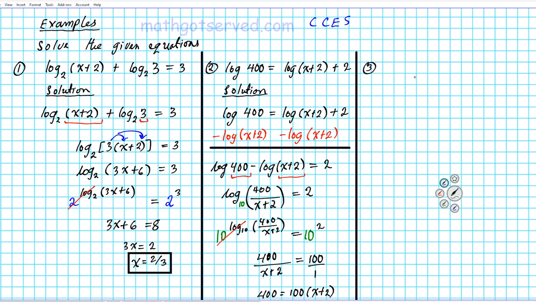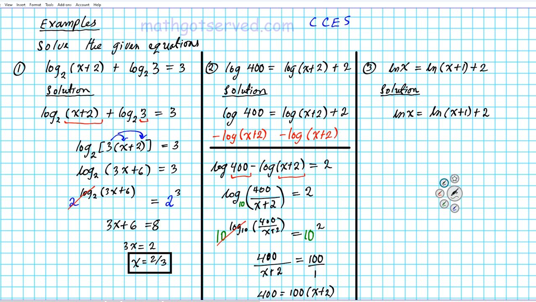For this one, let's say we have the equation, the natural log of x equals the natural log of x plus 1, plus 2. Let's go ahead and solve this log equation. The first step is to collect.